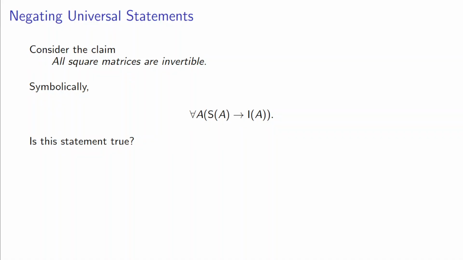So let's look at an example here. Suppose we have a claim: all square matrices are invertible. So symbolically, we might write for all A, where A would be our matrix, if S of A, then I of A. So S of A is the predicate that A is square, and I of A is invertible.